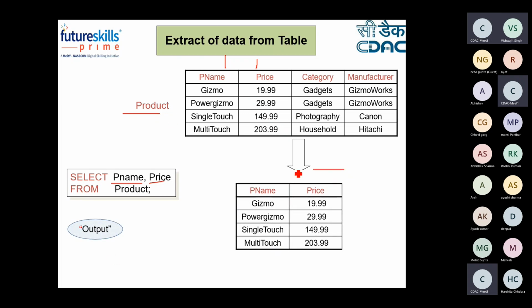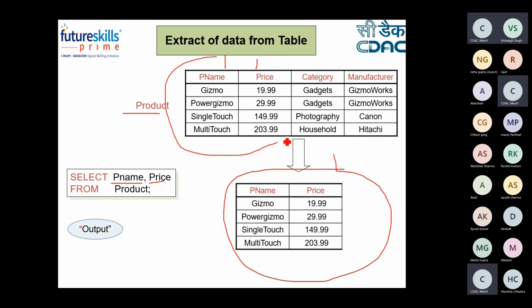Now you can see that two columns have been extracted from that table. So relational data models also provide you the flexibility to extract the relevant data from large data tables or from a data pool, so that you can use it for real-time analysis as per your requirement.